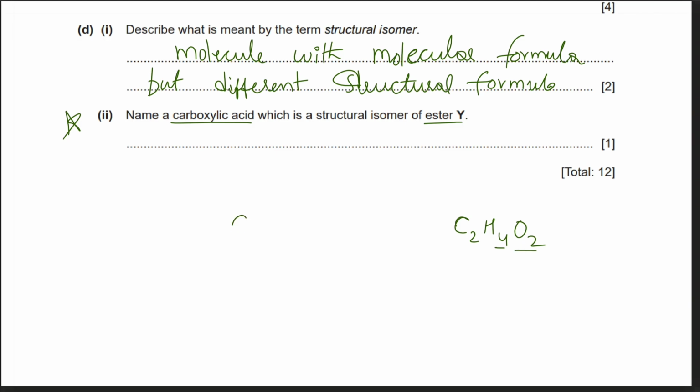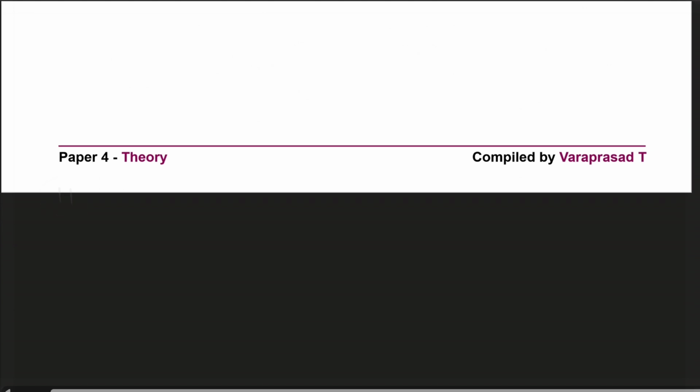So the carboxylic acid which contains 2 carbons would be ethanoic acid. So see, now you have 4 hydrogens, 2 carbons and 2 oxygens. So it will be ethanoic acid. Okay, that's it.